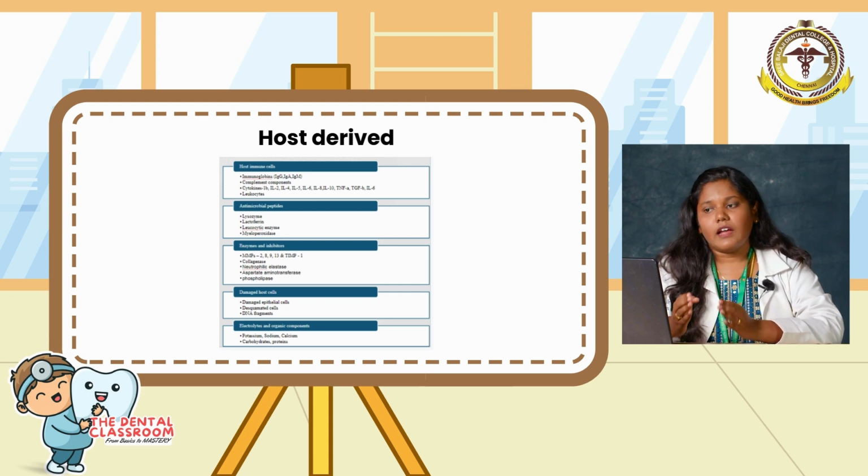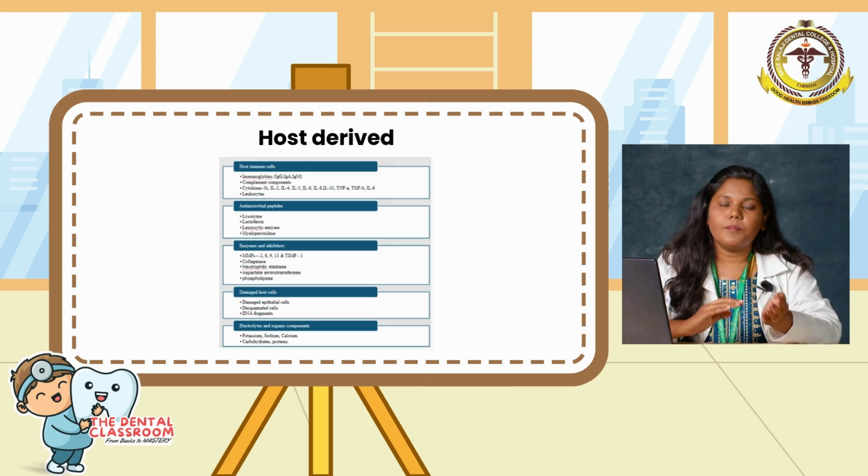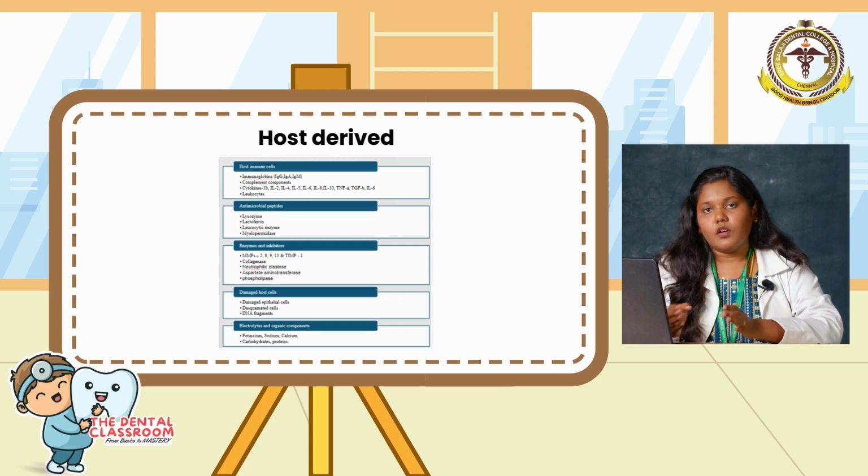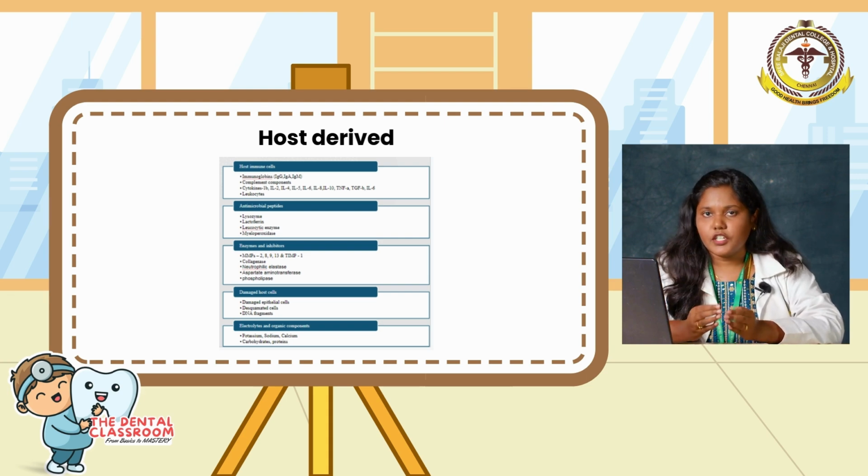And you will also have leukocytes, complement compounds, and your immunoglobulins. And after that there will be production of the enzymes and the inhibitors by both bacterium as well as your host cells, which are going to cause lysis of your bacterial cells as well as your host cells. The components are the collagenases and the matrix metalloproteinases.